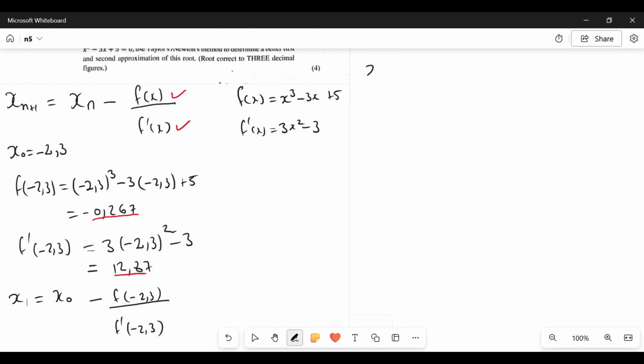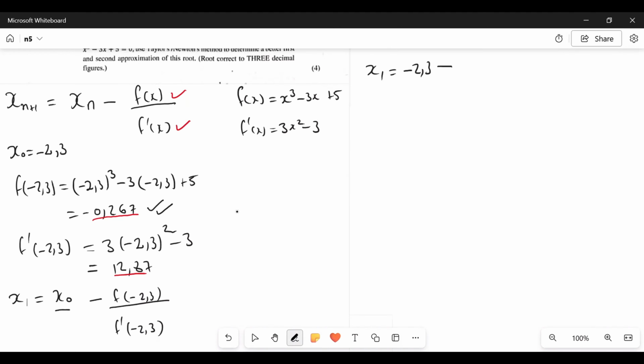So we know that x1 equals, now instead of writing x0, we're going to take this negative 2,3 because that is x0. We're going to write negative 2,3 there. Minus, remember the formula says minus there, and then we have to insert this f of negative 2,3. f of negative 2,3 is this one here, guys.